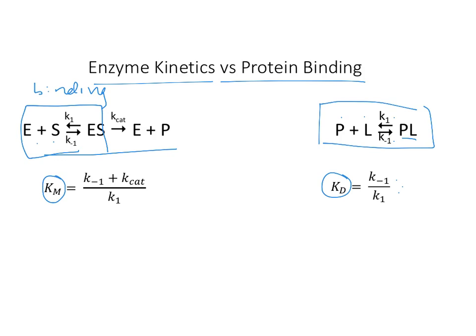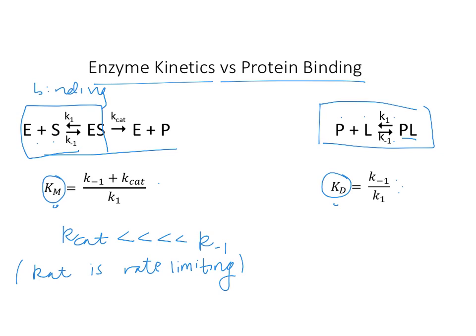Okay? Now Km, if you look at its rates, this is the equation for it. Please don't memorize this. You don't need to memorize this. But in order to estimate Km as a measure of Kd, we make an assumption that kcat is way, way, way, way smaller than k minus 1, or the off rate. Or in other words, the catalytic rate is rate limiting, or it's just super, super, super small.